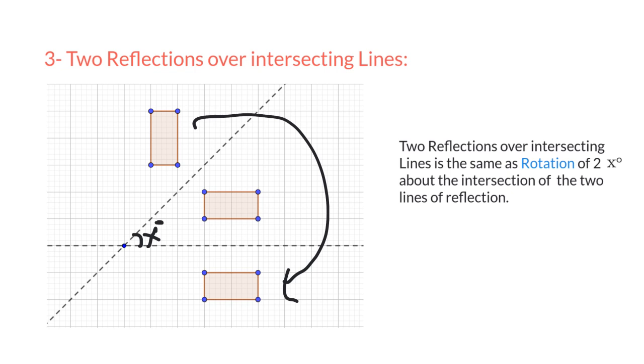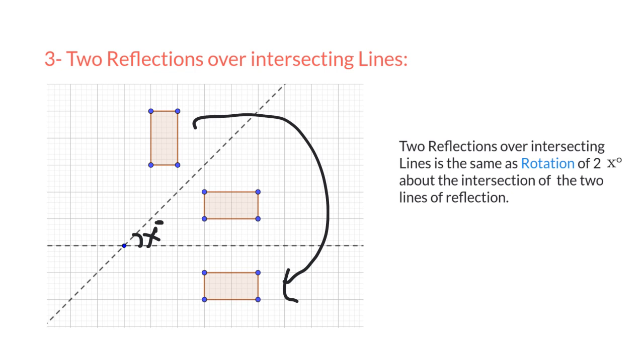But in general, if this is an x degree angle, it's going to be a rotation of 2x degrees about the intersection of the two lines of reflection.